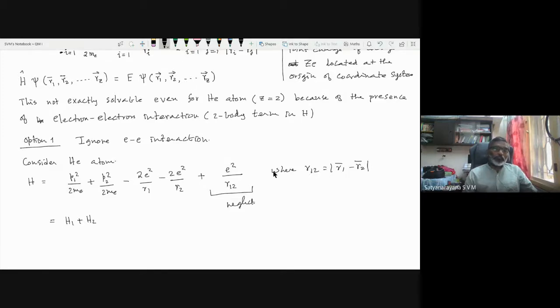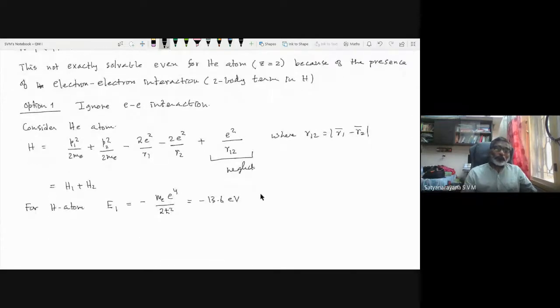In the energy expression, for hydrogen atom, the ground state energy E1 is equal to minus m e to the power 4 by 2 h bar square, which is equal to minus 13.6 electron volt.